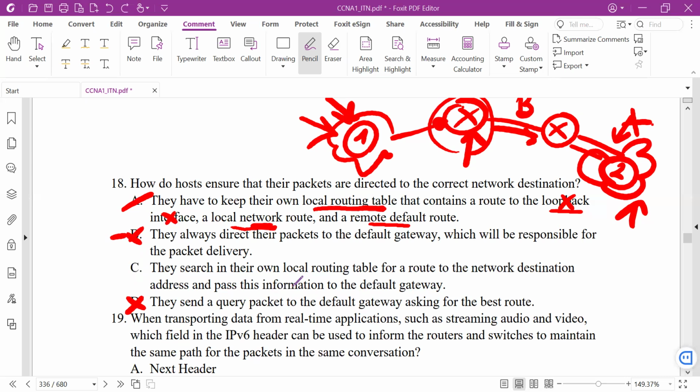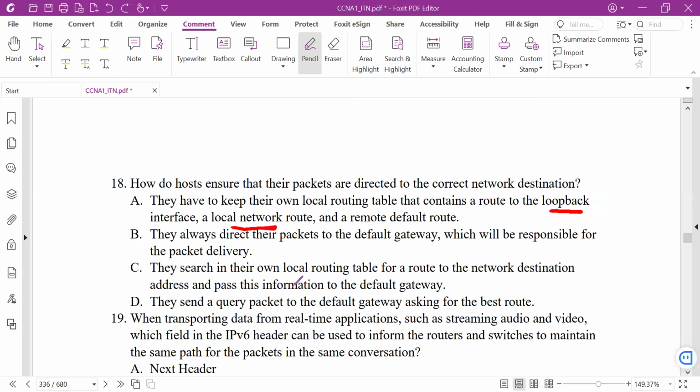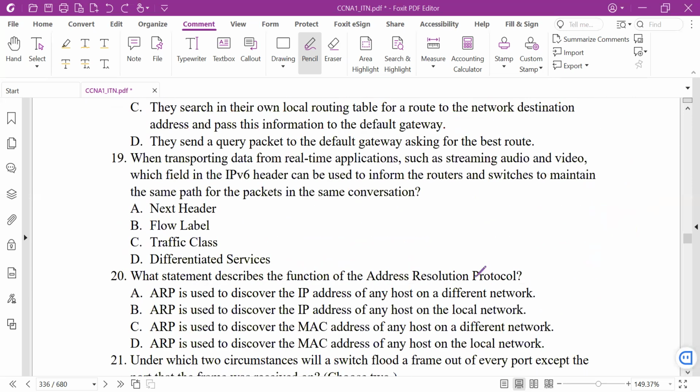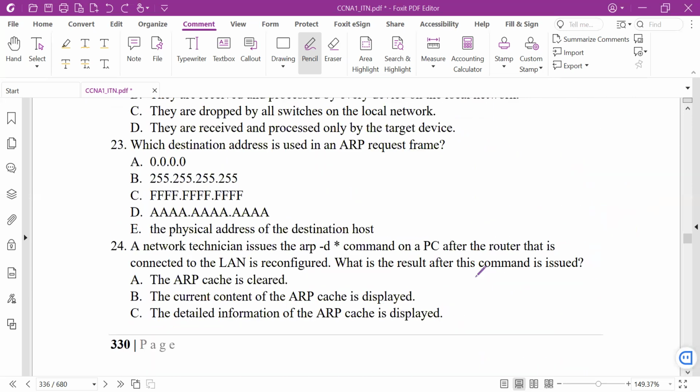I think let's go through that process. How does information go from, can I have this? Need some space. So if we have a remote network, let's use this one. We have PC1 here and PC2. Understanding what happens with respect to routing is very important.